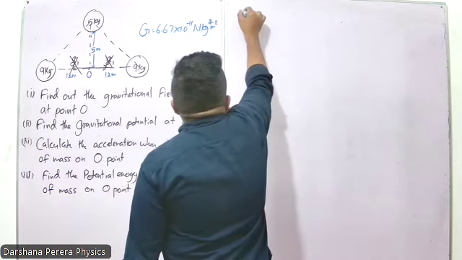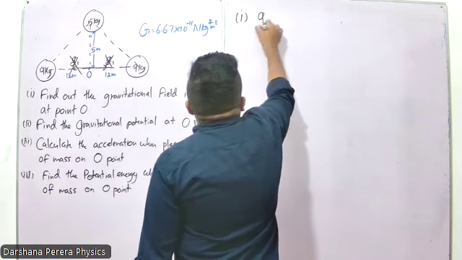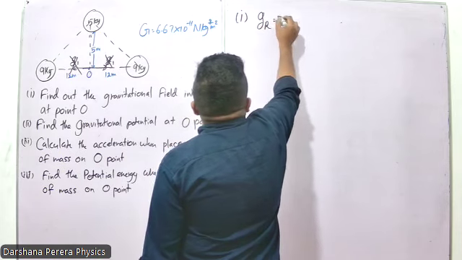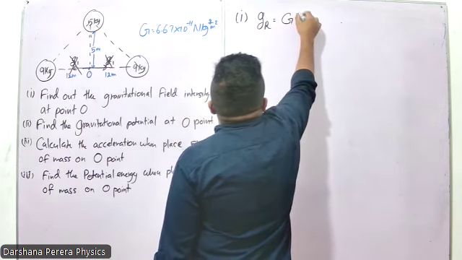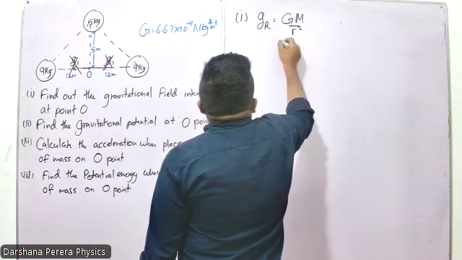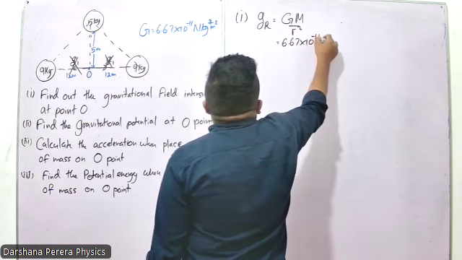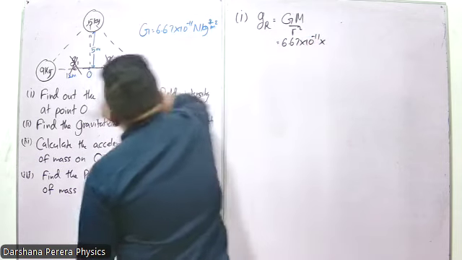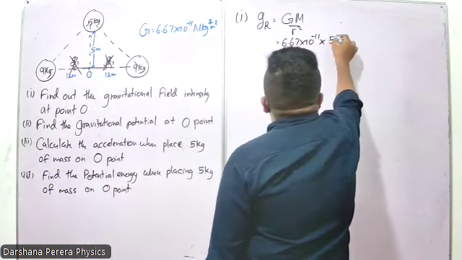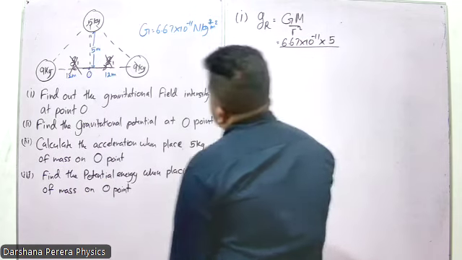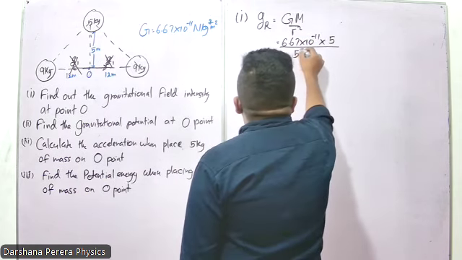So number 1, g equals GM over R square. 6.67 into 10 to the power minus 11. M means 5 kilogram. Very easy. 5 over R means 5 square.